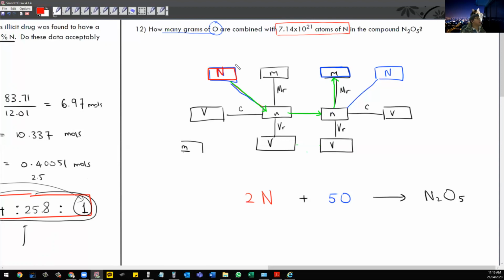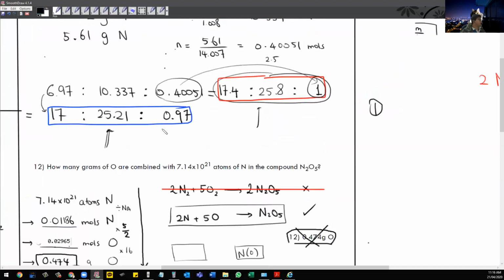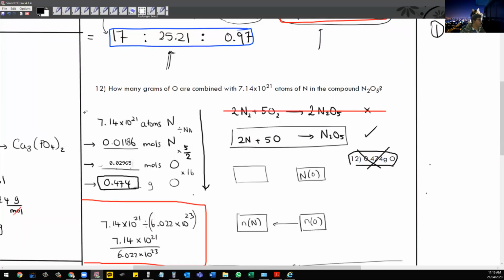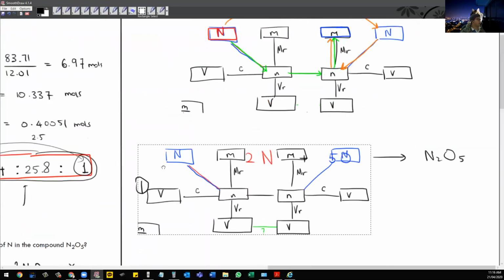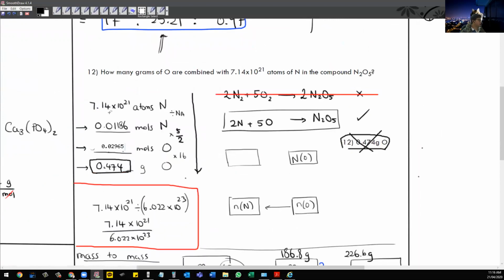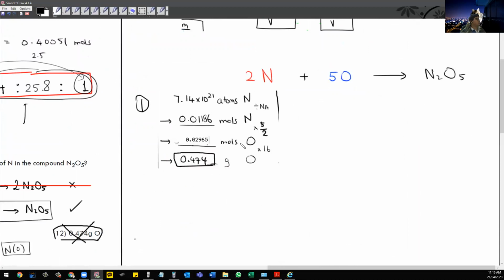Another way of doing this is you go there, and then there, and then there. So the first method, what we did here, is exactly the number one. Yeah, so that's the first method.